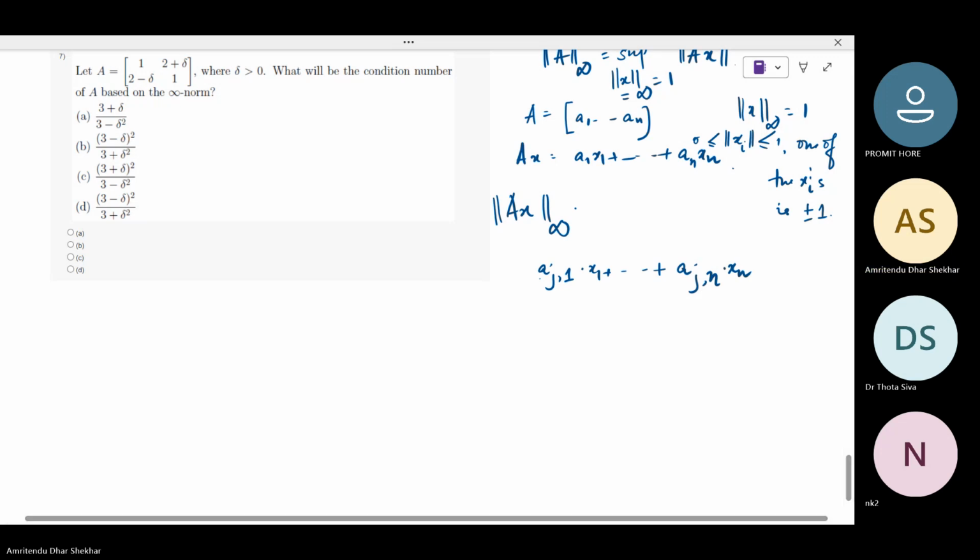Okay, so if the jth coordinate of the infinity norm of Ax has to be maximized, then it has to satisfy the property, and let me just write it, that the sum of the absolute values of the jth row of A is the largest.